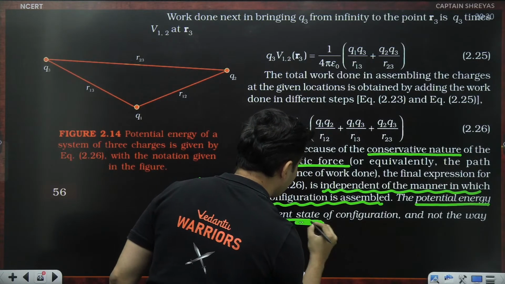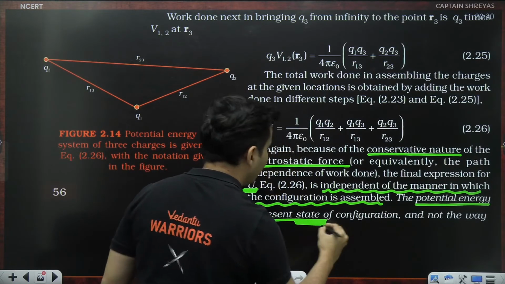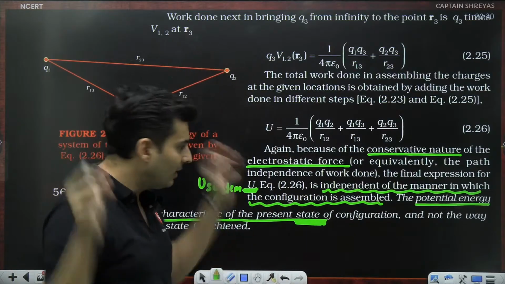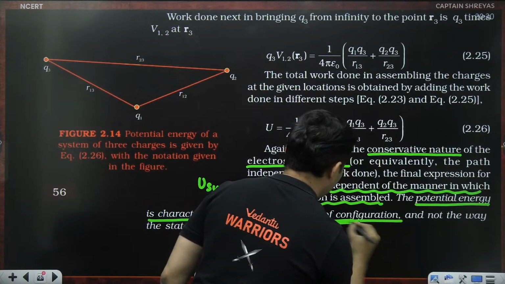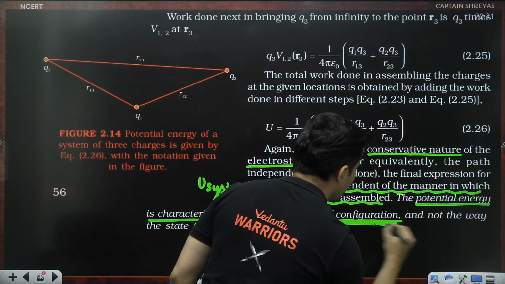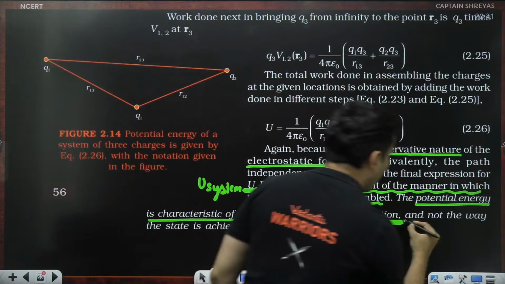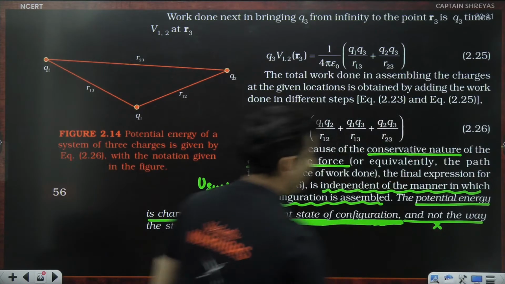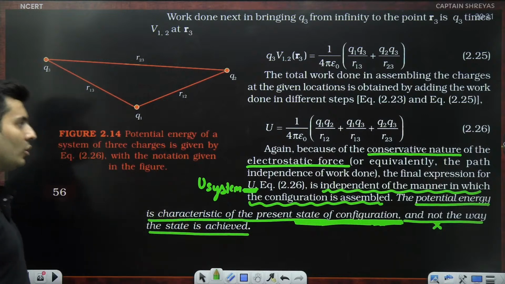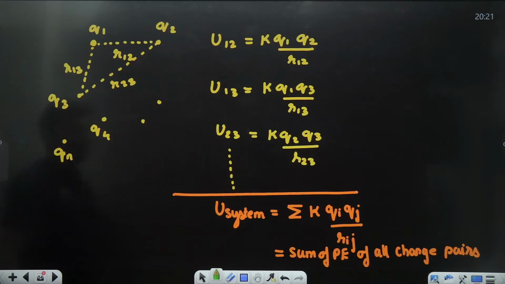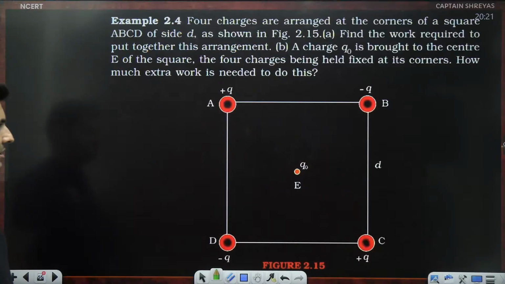State means the final position, final locations, the current situation of the configuration. It depends just on the situation of the configuration and not on how you achieve the particular state. That's what this mentions.